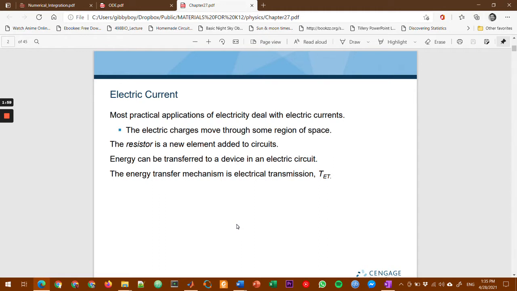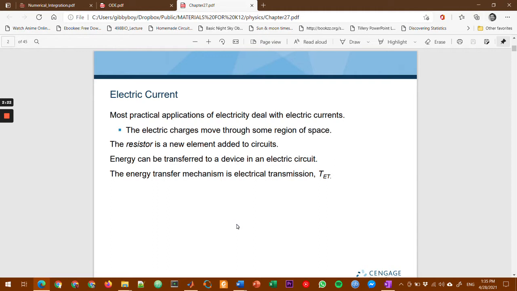The moment you turn on your flashlight, the chemical energy stored in the battery is converted to electric energy, and then that electricity will drive the filament, the bulb in the flashlight, to light up. So the electricity is converted to light energy.